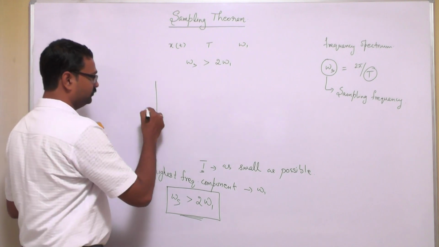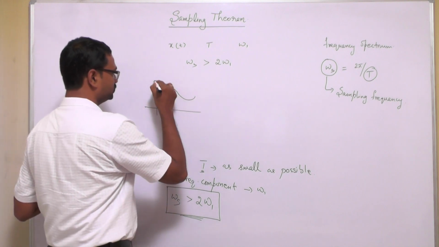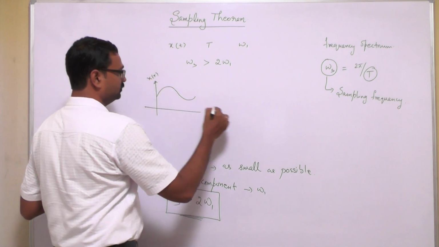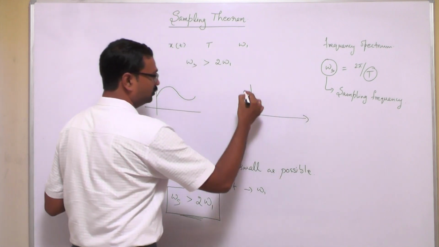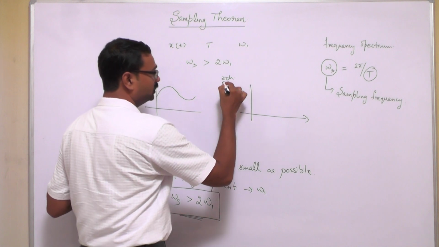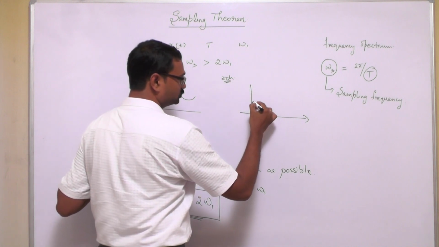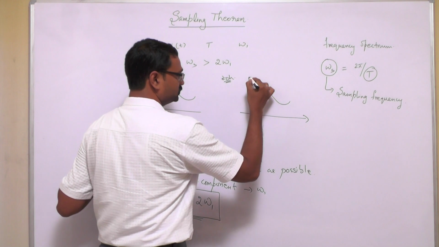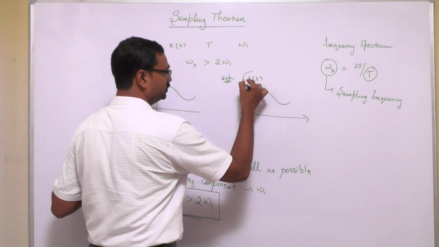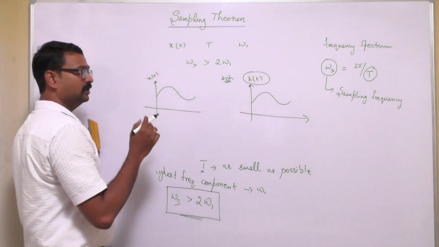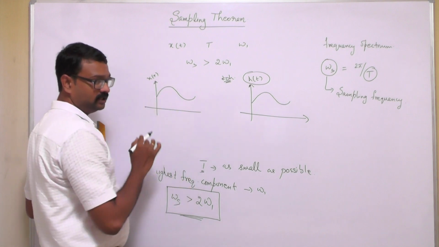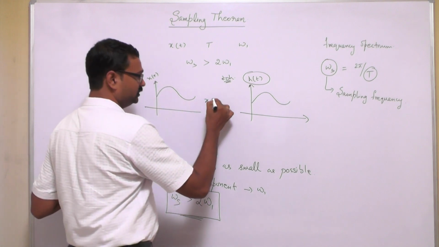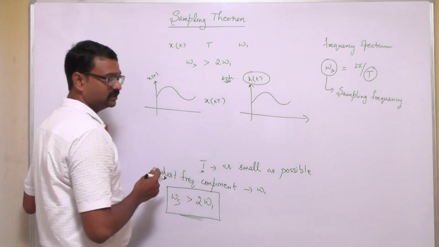Like this is x of t, then after applying zero order hold, the output of the zero order hold should also be of this sort. This is h of t, the reconstructed continuous time signal from the sampled data signal x of kT.